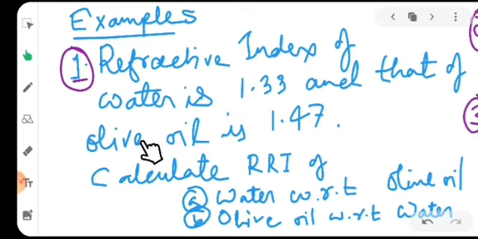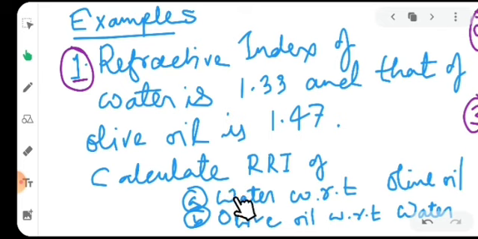See, olive oil is a transparent material which transmits light through it. Now the question is to calculate the relative refractive index, which I have abbreviated here as RRI, of water with respect to olive oil, and that was the first part of the question, and the second part is olive oil with respect to water.